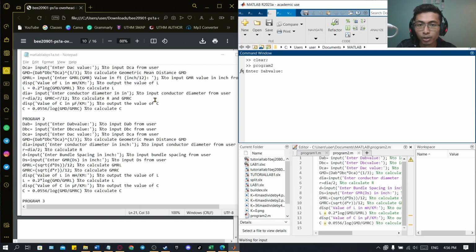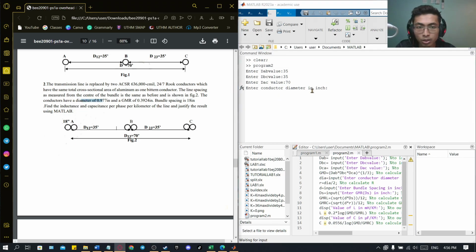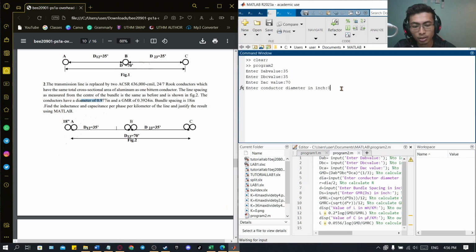Okay, for program 2, enter the DAB values, which are the same as in figure 2: 35, then for BC the value 35, and for AC the value 70. To enter the conductor diameter, you can see here it is 0.977 inch.